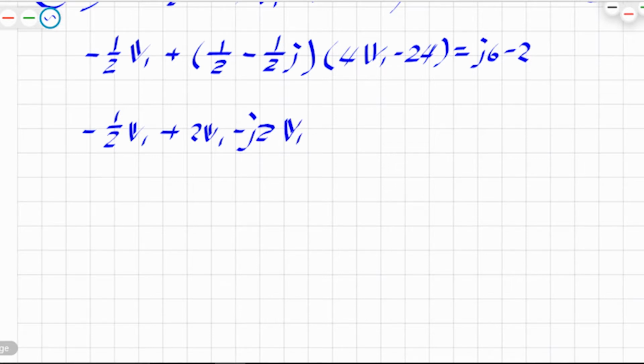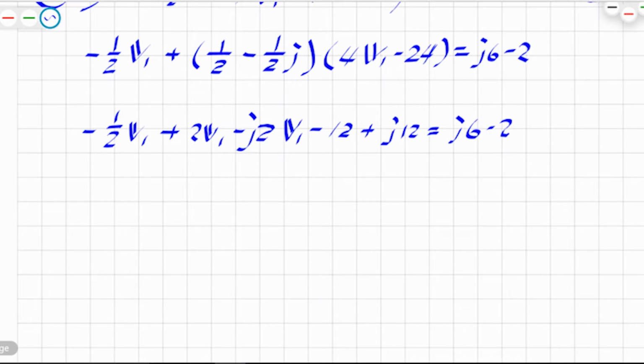And then we're going to use the negative 24 multiplied by the half. That is equal to negative 12. And plus J12. That is equal to J6 minus 2.